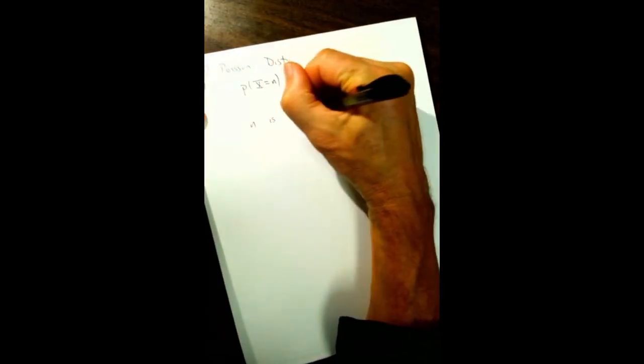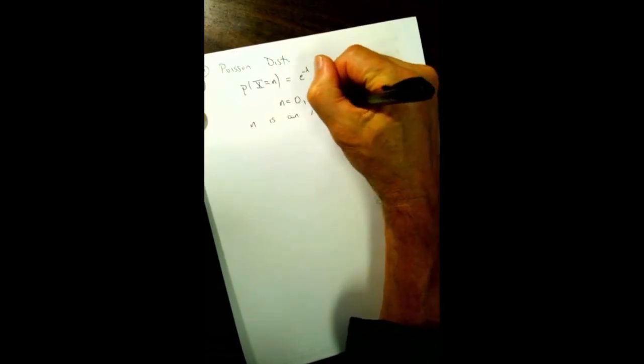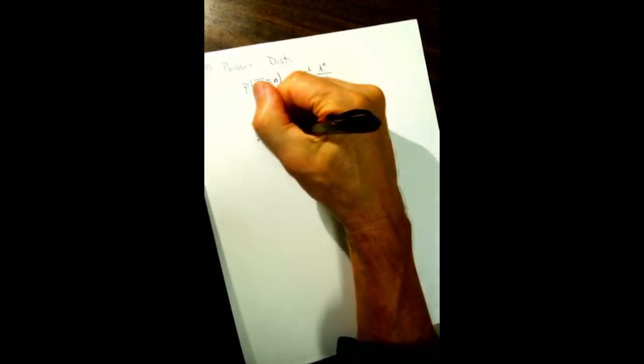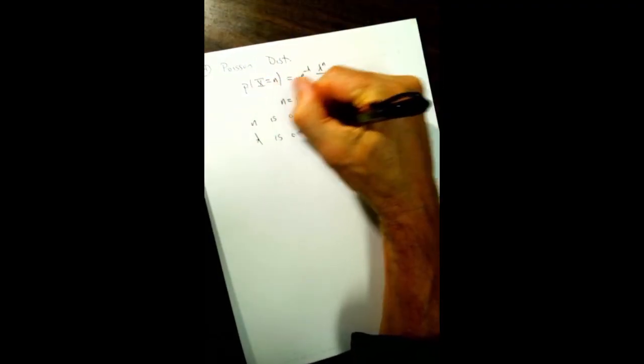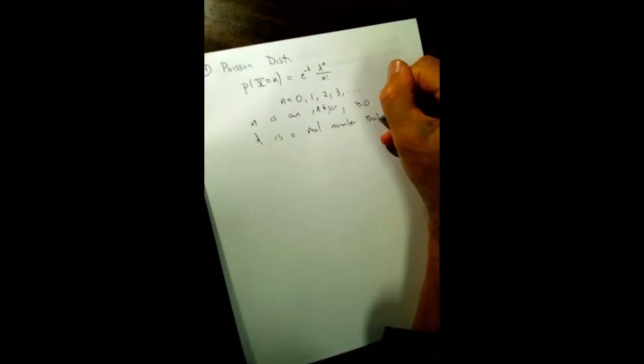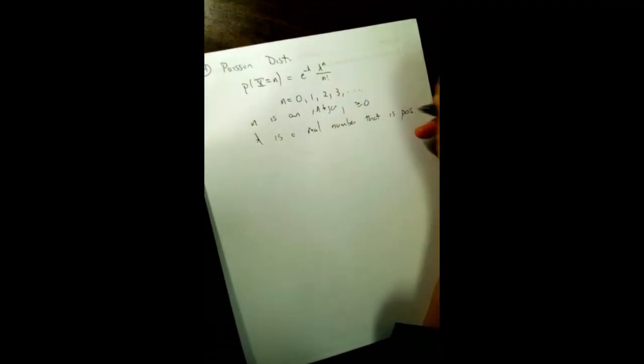So n is an integer, and it's greater than or equal to 0. And this number lambda could be any real number, but it has to be strictly greater than 0.